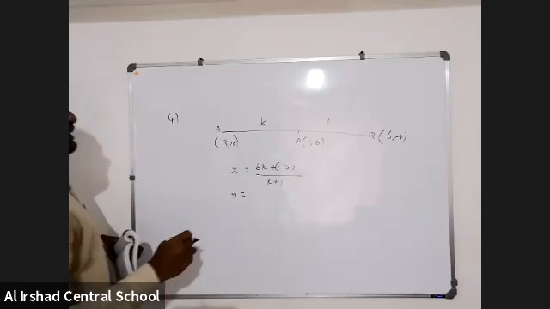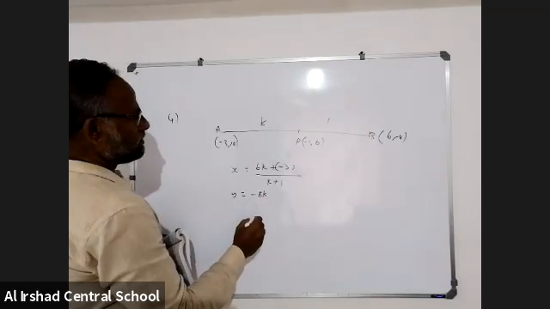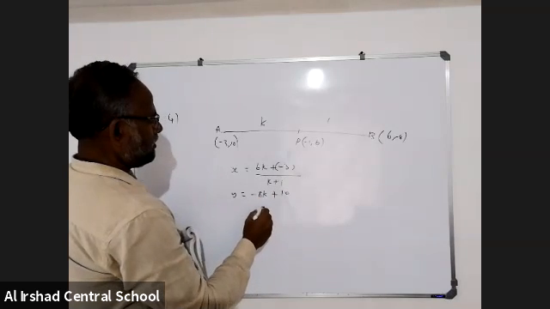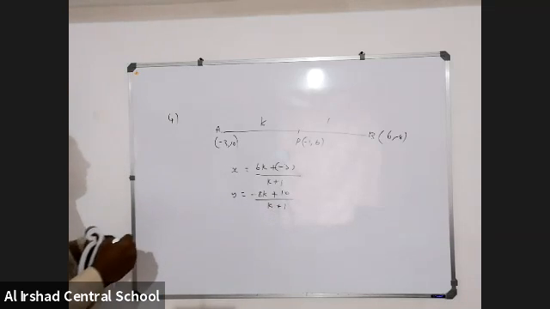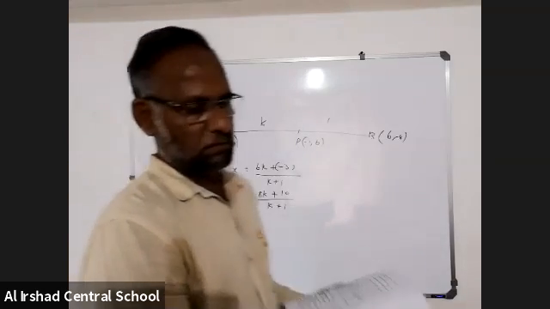Then Y is equal to, again, -8K plus 10 divided by K plus 1. Here we are getting two equations. Now find out the ratio. K is the ratio.